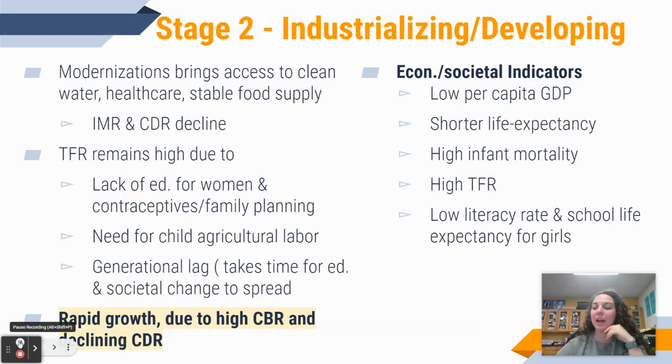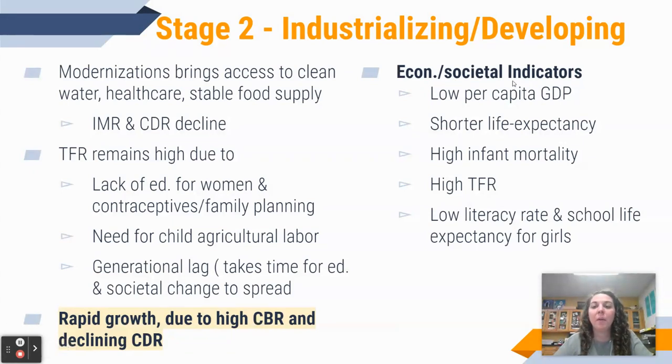And then we have what we call population momentum, which is a generational lag. So it takes time for those societal changes to spread throughout the generation. So this typically is going to take some decades for this to happen. So here we're going to see rapid growth because we've got a high birth rate still and a declining death rate.